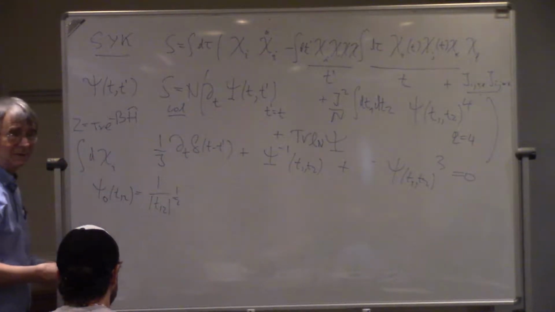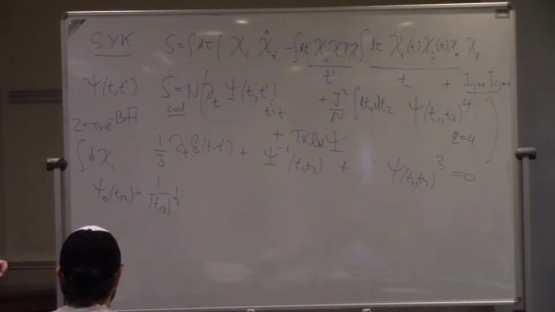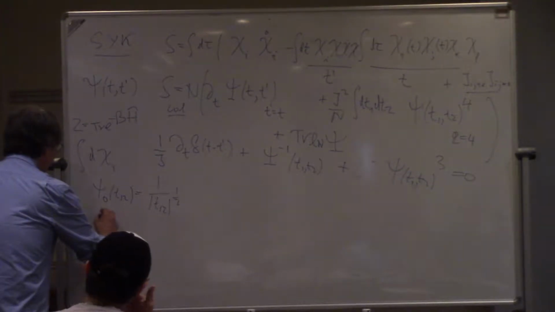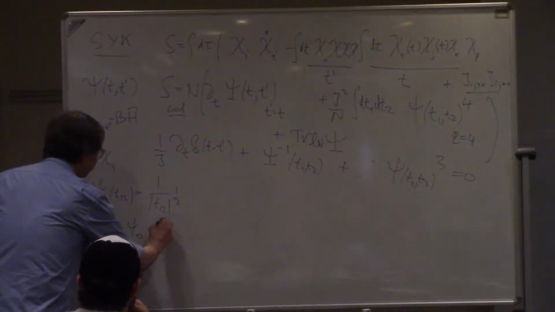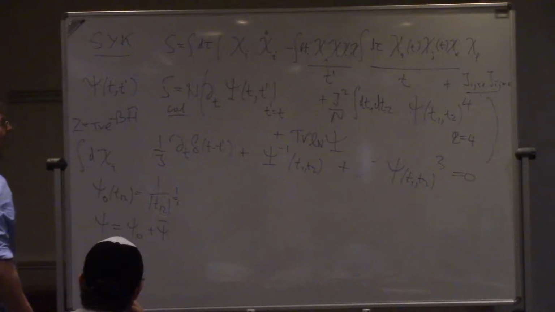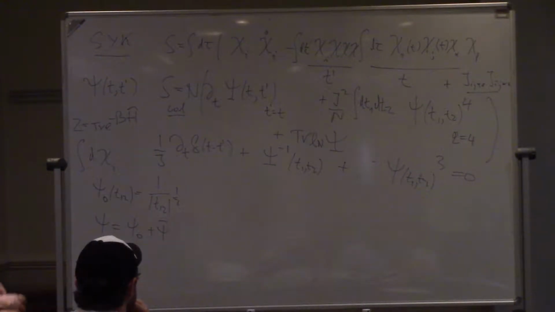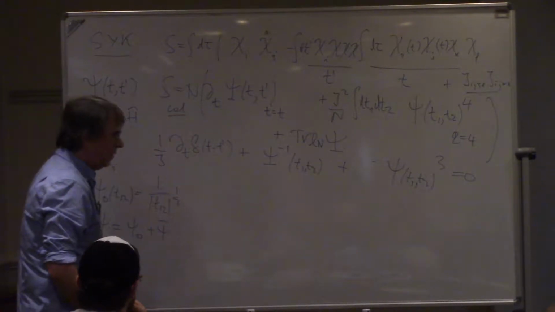So both will appear, and let me immediately point to where both will appear. Okay. To study fluctuations, you say I will do psi equal psi 0 plus psi bar. And that is beginning to expand this theory in 1 over N, because N is here.